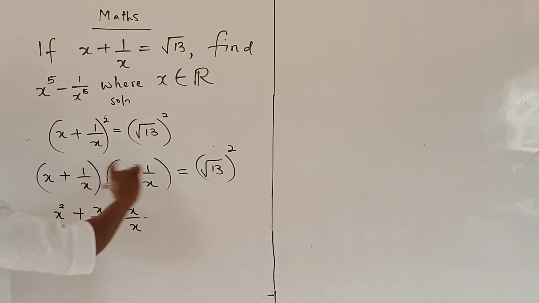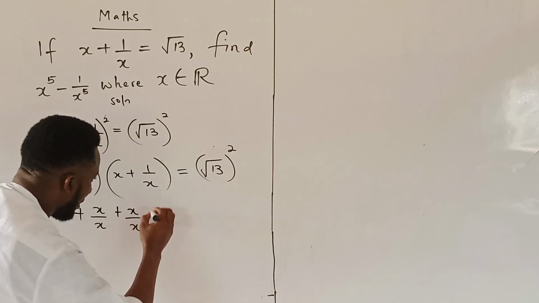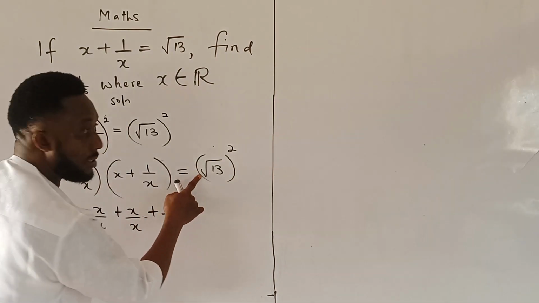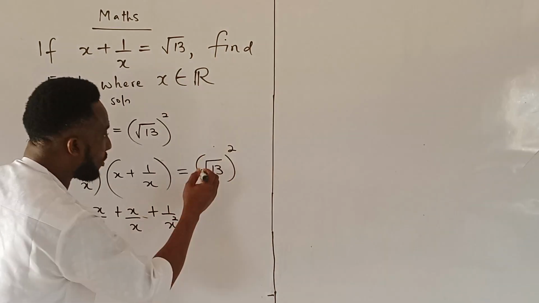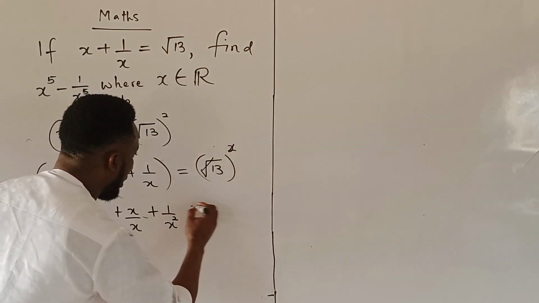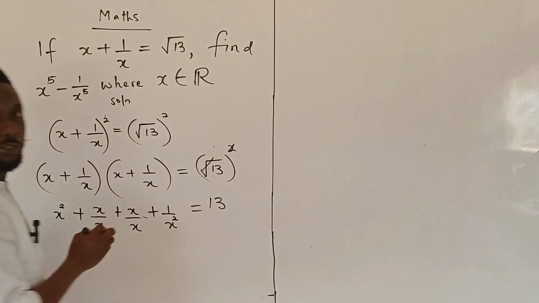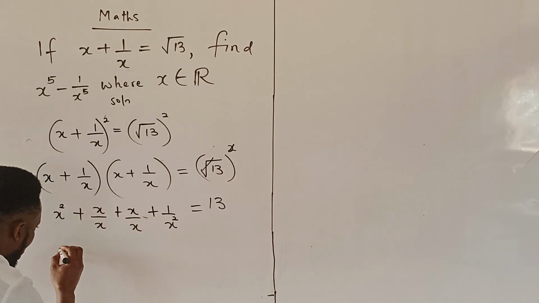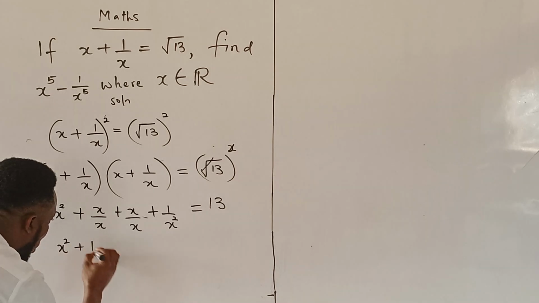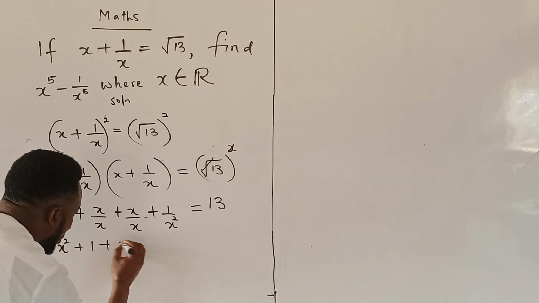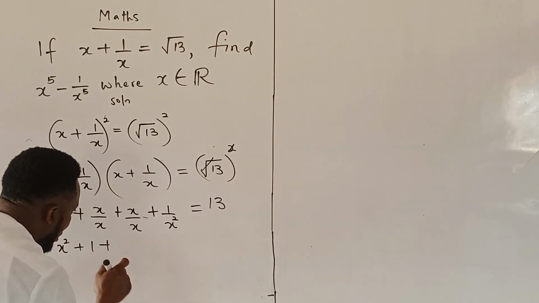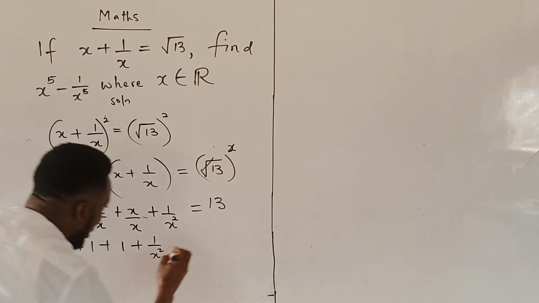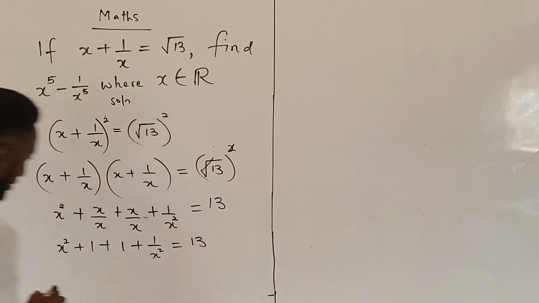I will take 1 upon s to multiply 1 upon s, that will give me 1 upon s squared. Now, the square root here, we undo the square, so we are left with 13 on the right. Now, s divided by s is 1. I'm going to be having s squared plus 1. S divided by s is also 1. I have 1 plus 1 upon s squared equal to 13.